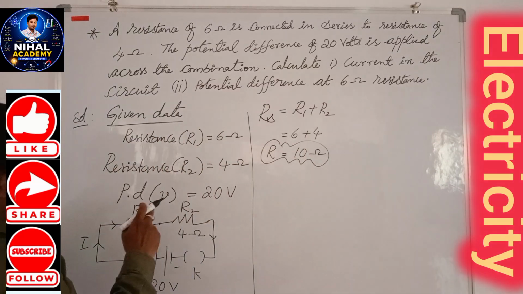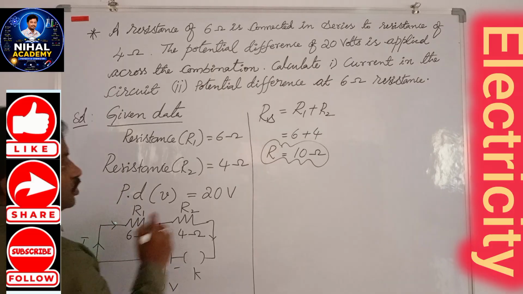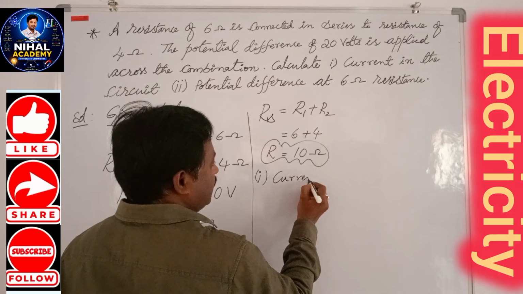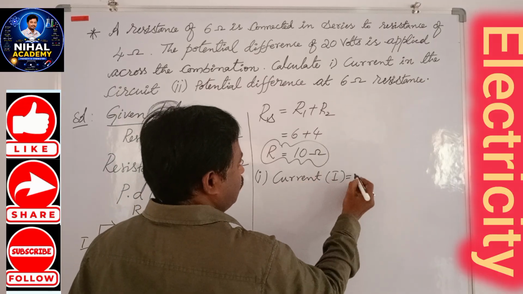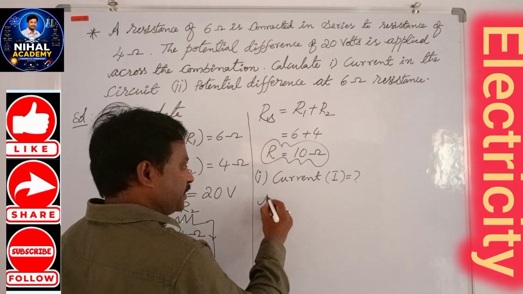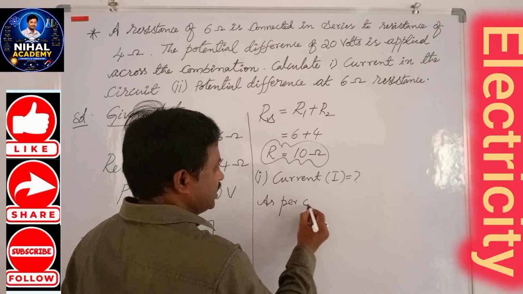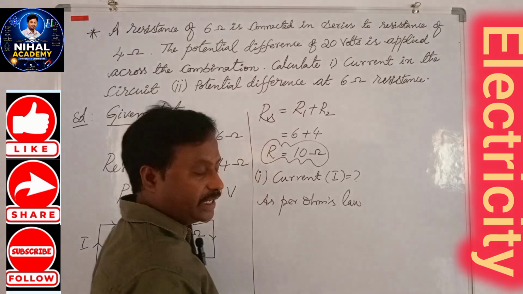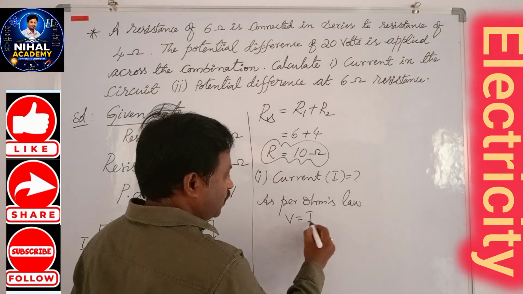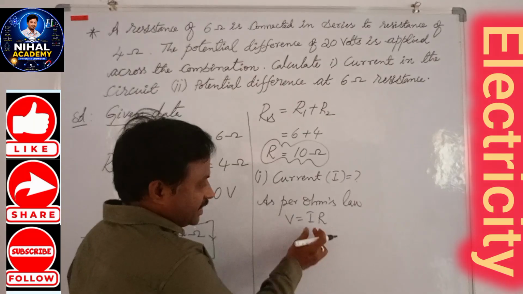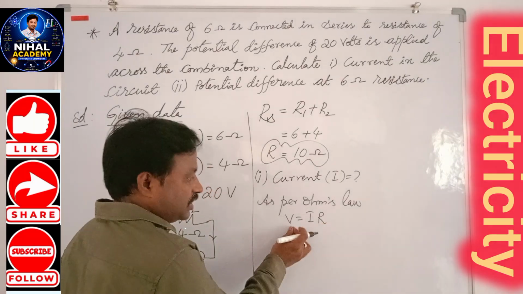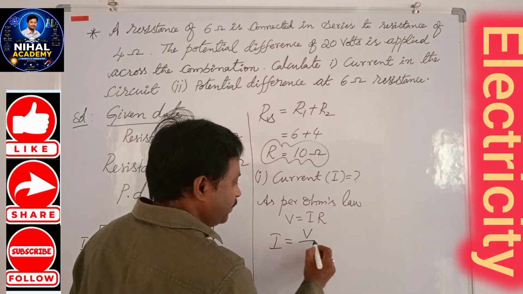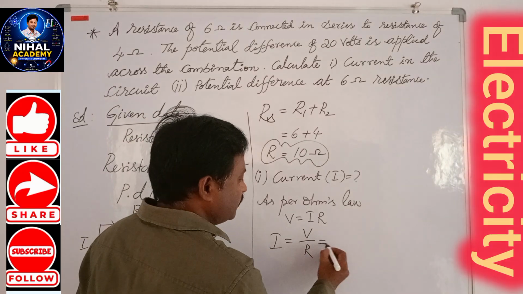Now we have to calculate the first question. What is the first question? Current I. So current in the circuit I is equal to question mark. So as per Ohm's law, how can you write? V is equal to IR. So from this, current I is equal to V by R. So what is V here?